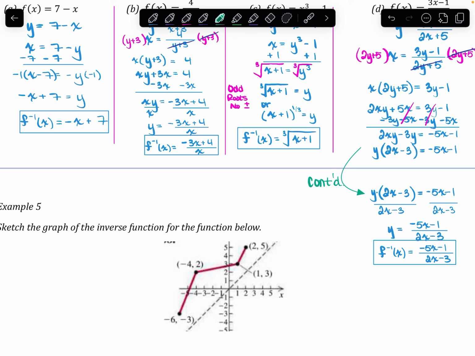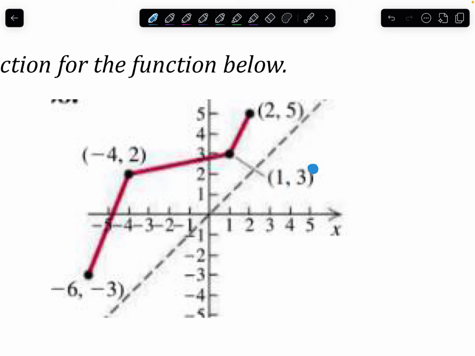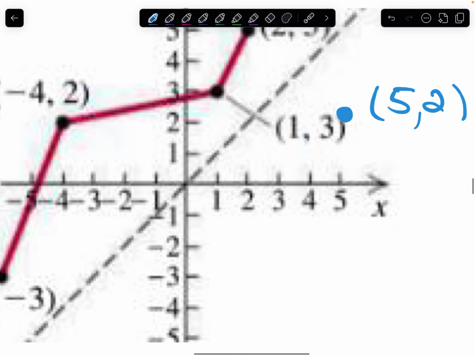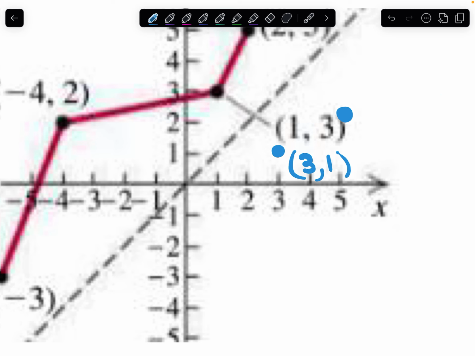So we're going to swap the x and y values. So (2, 5) is going to become (5, 2), which looks like it's about here. And I'll label them for you. Then we have the point (1, 3), which is going to become (3, 1). That (5, 2) is really big. Let's make it a little smaller. And then we have the point (negative 4, 2).